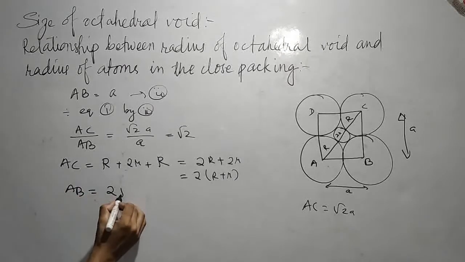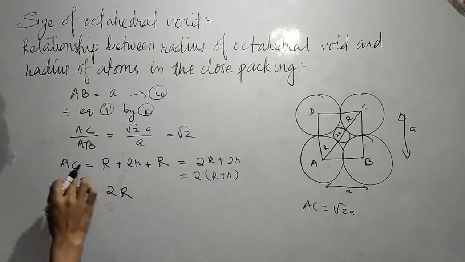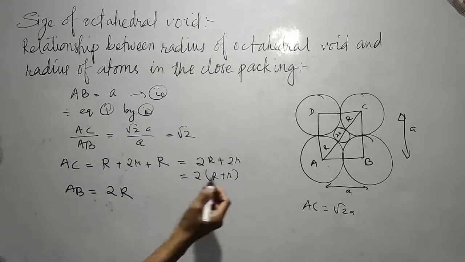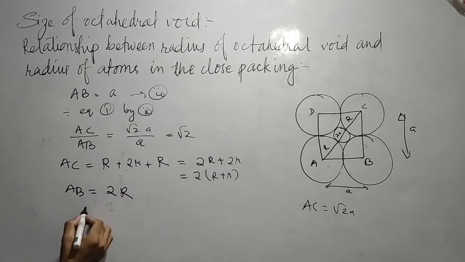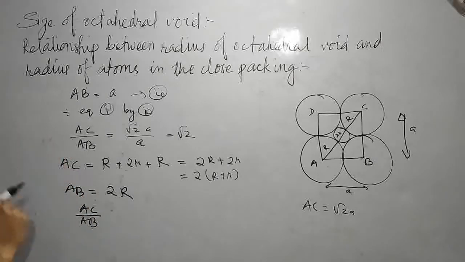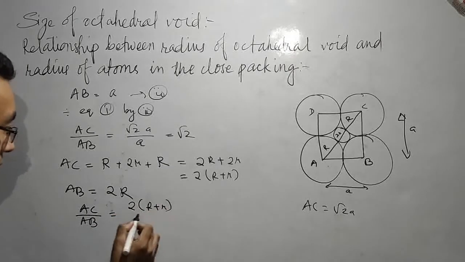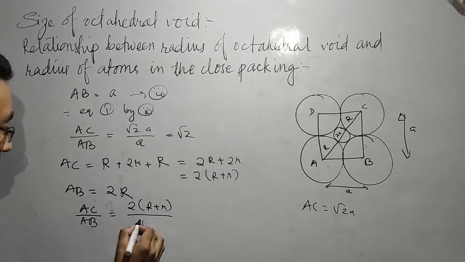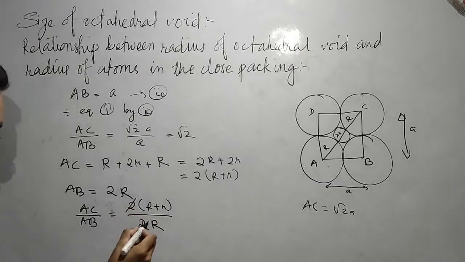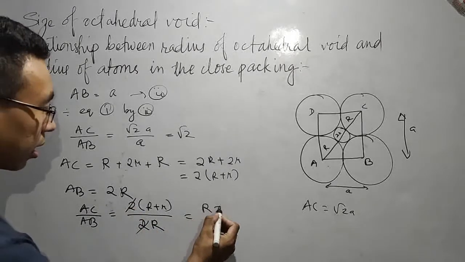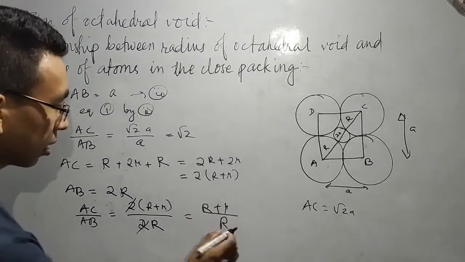AB equals 2R. So this is AC, and AB is this much. Now again we take AC by AB. AC is 2(R plus r) and AB is 2R. So the 2 gets cancelled, we get (R plus r) by R.